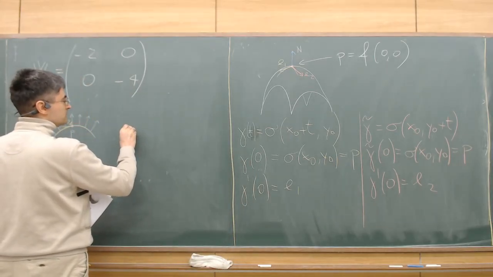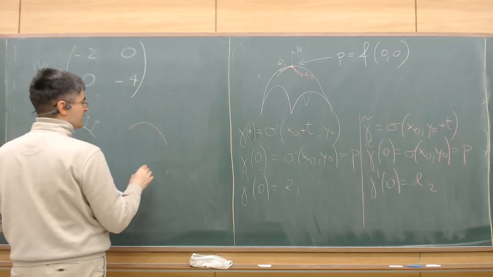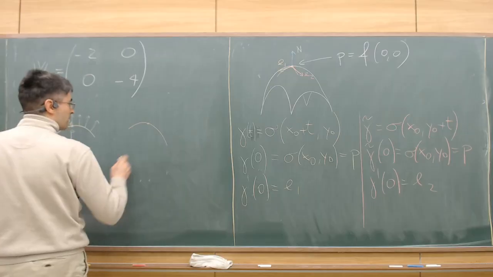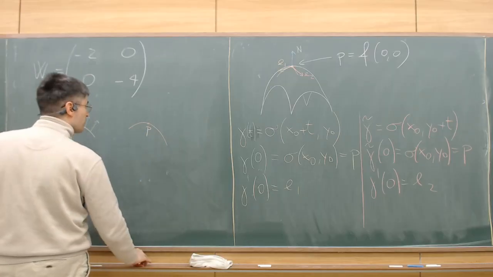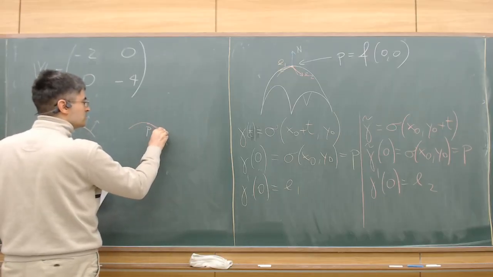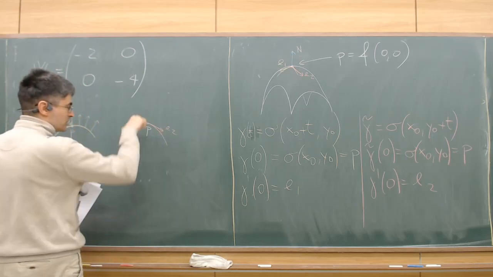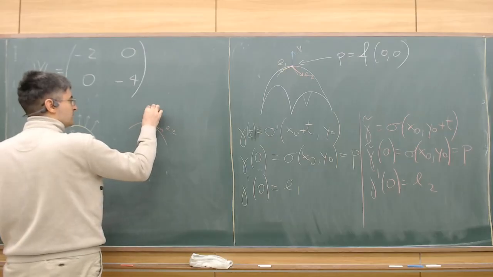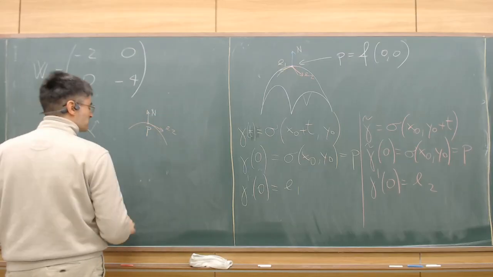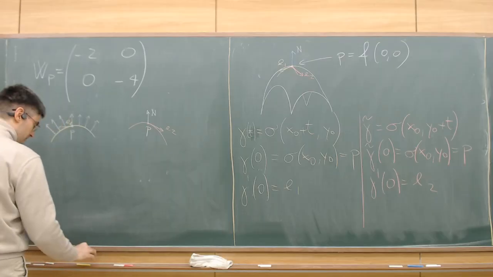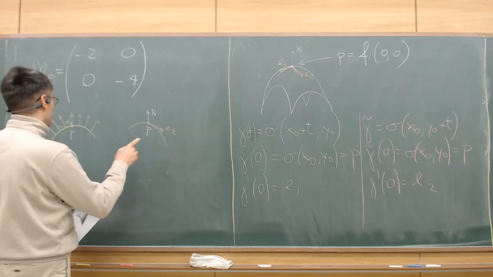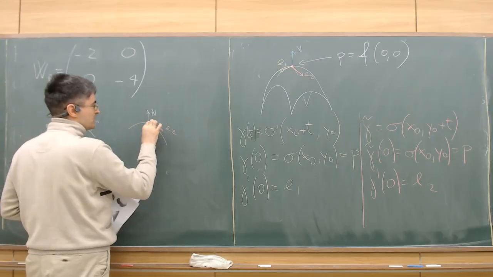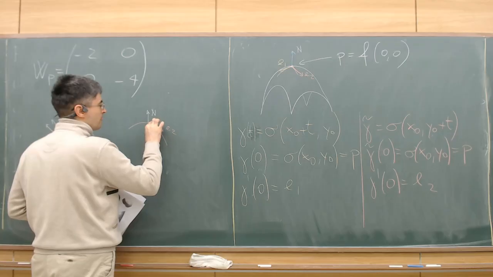And what about the red curve? It's a curve like this, where this is the point P. E2 is this vector here. It points orthogonally to the blackboard, and this is N. This time the behavior of the normal vector to the surface along this curve is this.